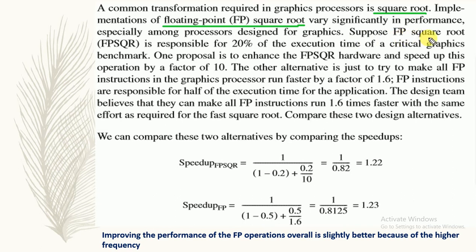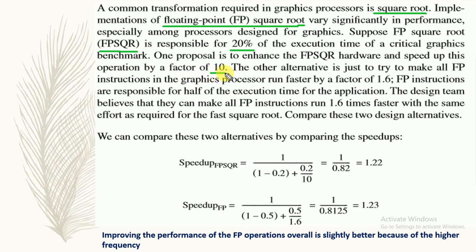Suppose floating point square root is responsible for 20% of the execution time of a critical graphics benchmark. Out of the overall 100%, 20% of the time it is focusing on the floating point square root operation. One proposal is to enhance the floating point square root hardware and speed up this operation by a factor of 10.